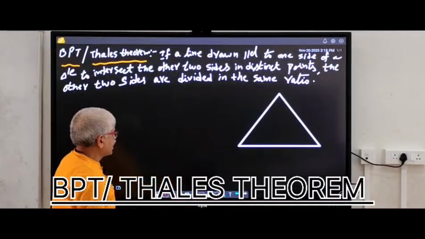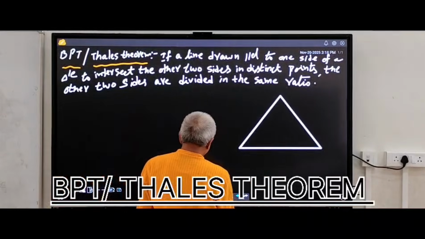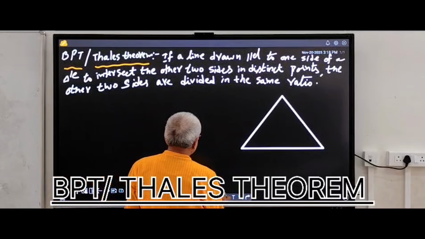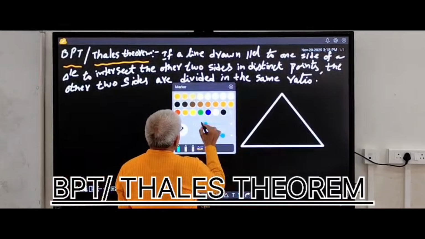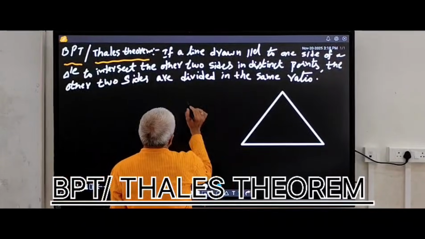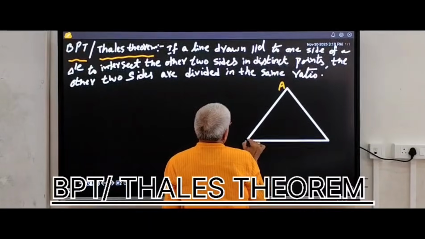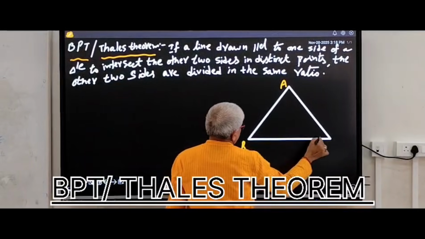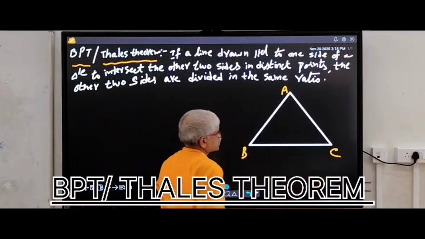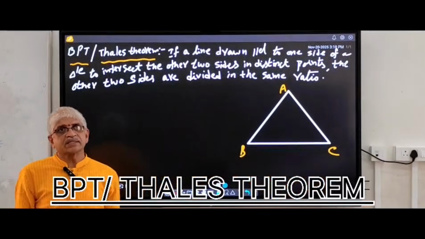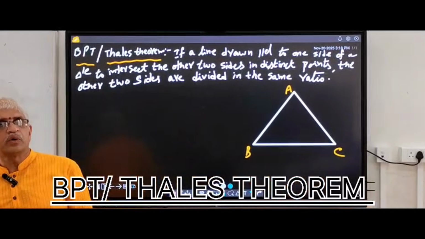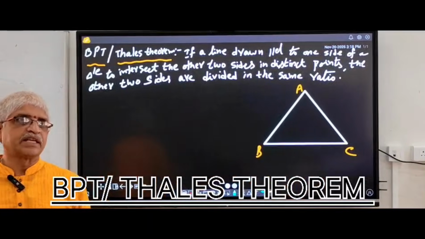So this is a triangle. Let me name it, triangle ABC. As we discussed in the previous video, we are moving along the same lines.